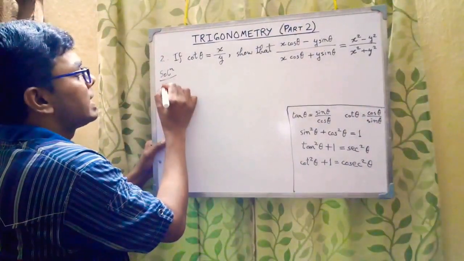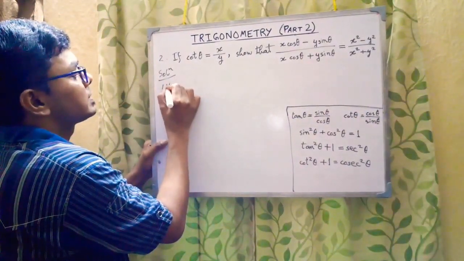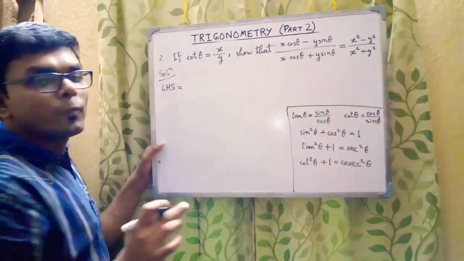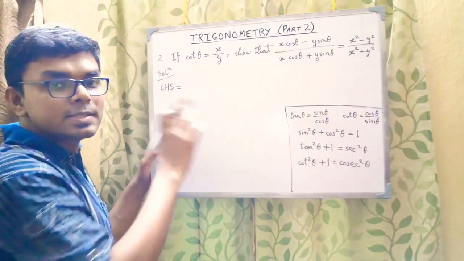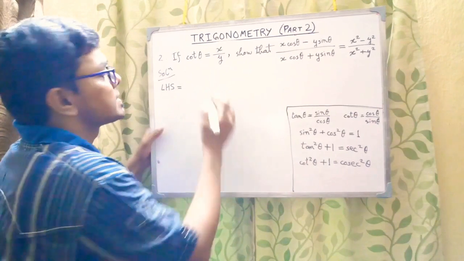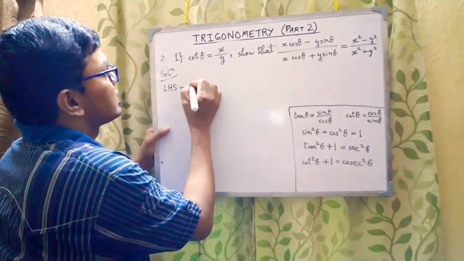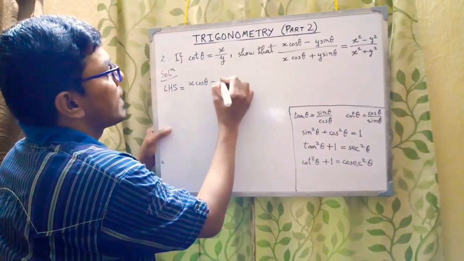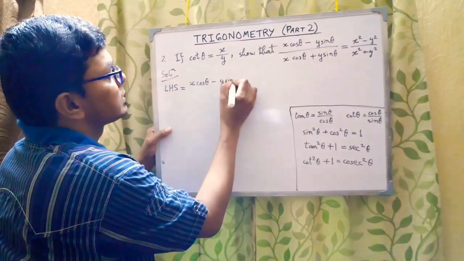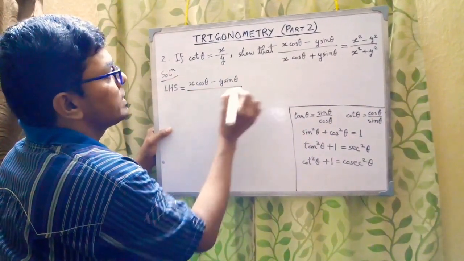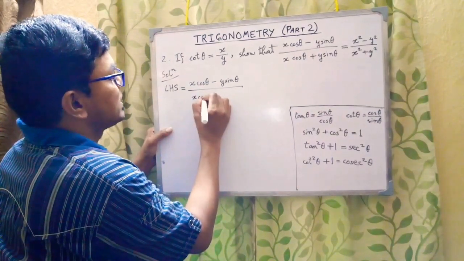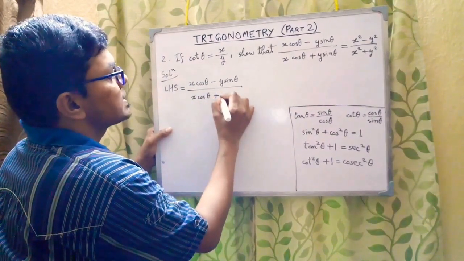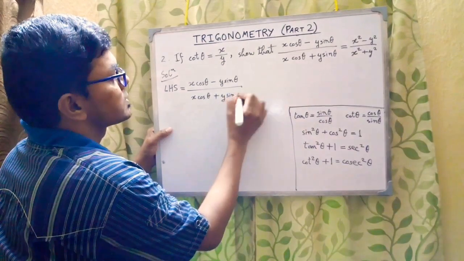So we write left hand side equals to, we have to prove that the left hand side or LHS equals the right hand side, which is the RHS. So left hand side is x cos theta minus y sin theta by x cos theta plus y sin theta.